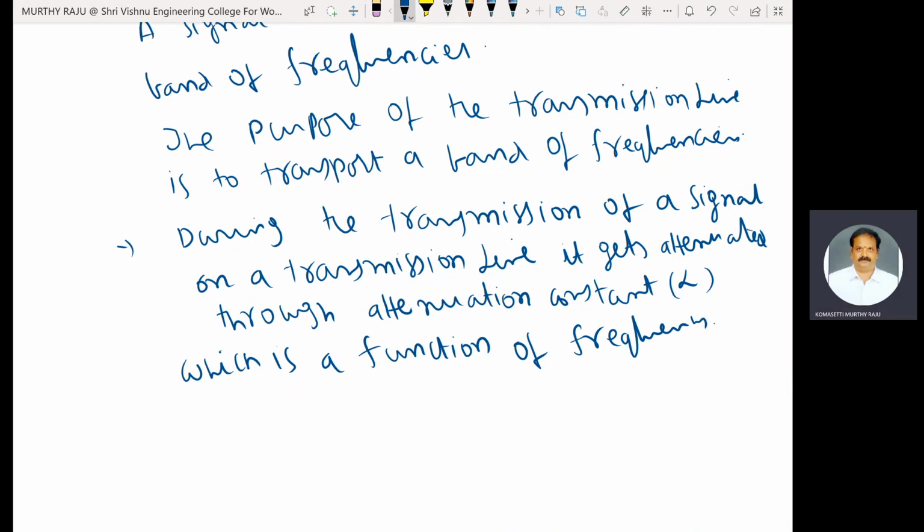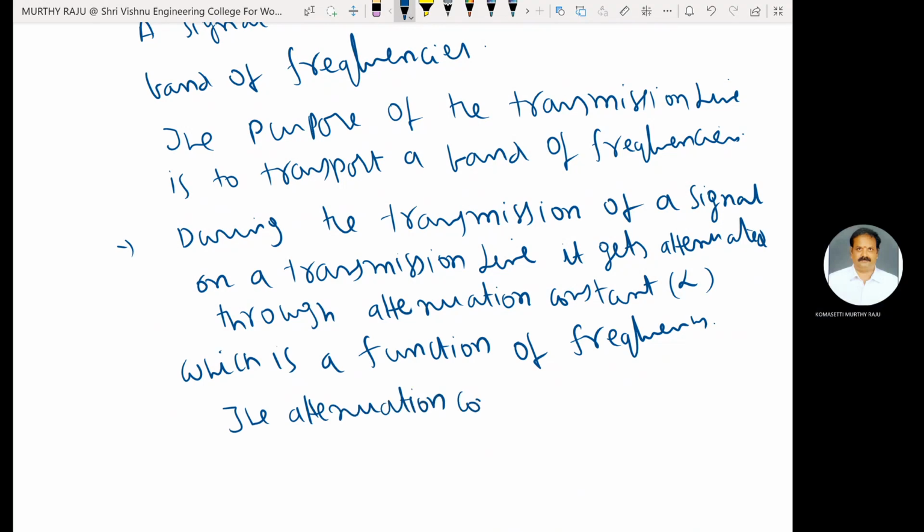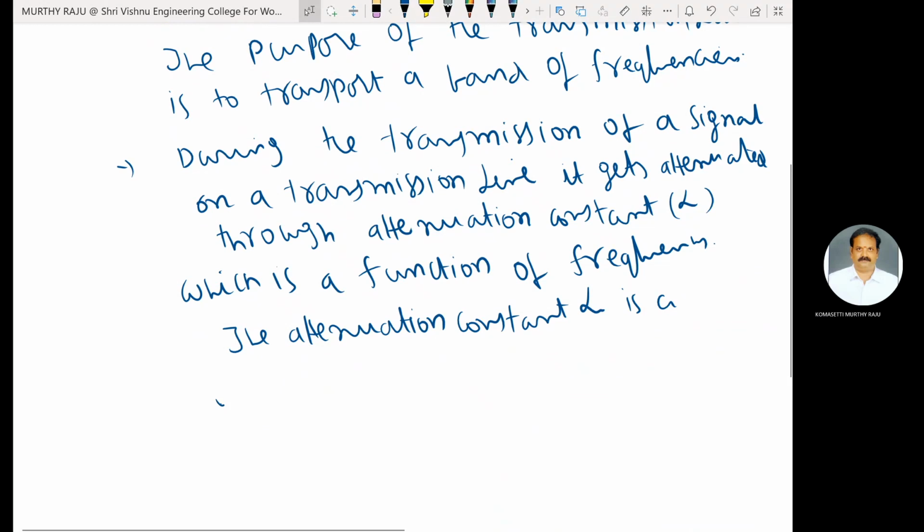Therefore, the attenuation constant alpha is a function of frequency.